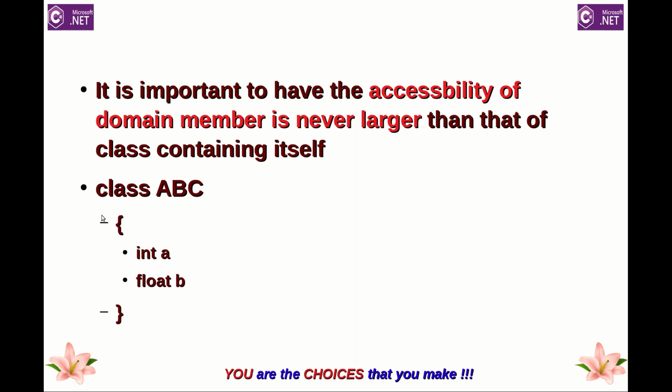Say for example, you have declared the class as internal, but you are going to declare the member as public. Public is larger than the internal modifier. So here you are declaring it as internal, but here you are going to declare it as public.